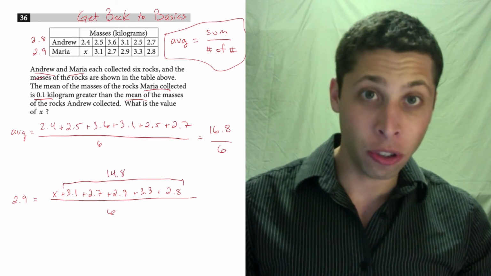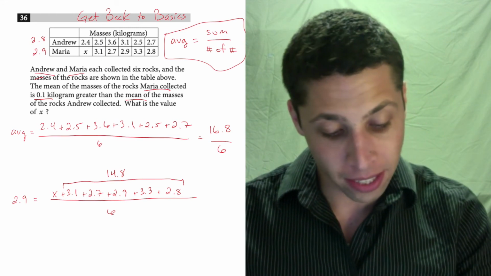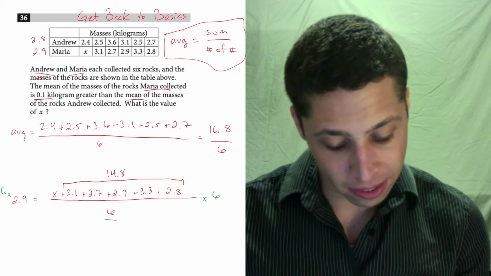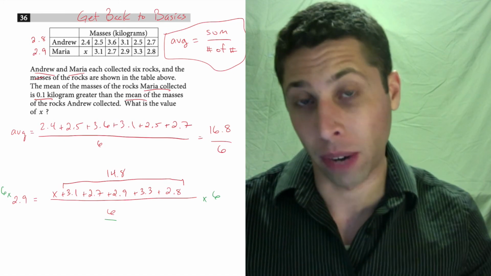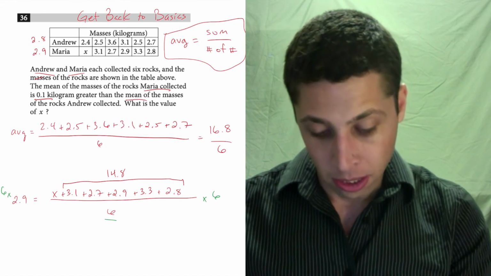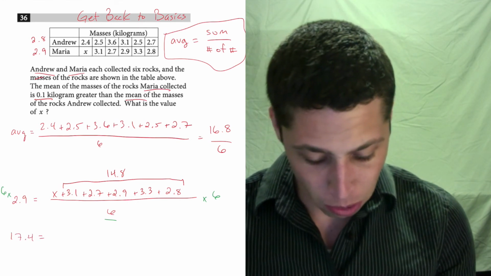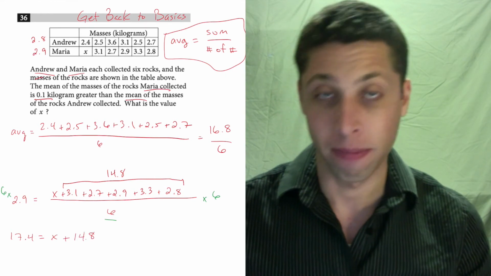And I also can start to work my way towards that x by multiplying by 6 on both sides to get the 6 away from the right side of the equation, away from the x. So that's going to give us 2.9 times 6 is 17.4, and now we have x plus 14.8.